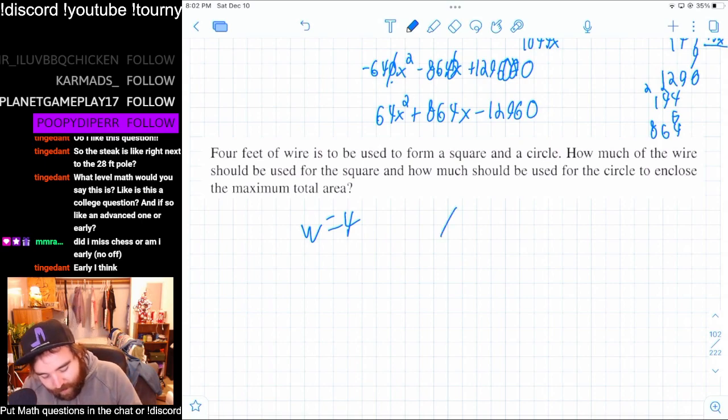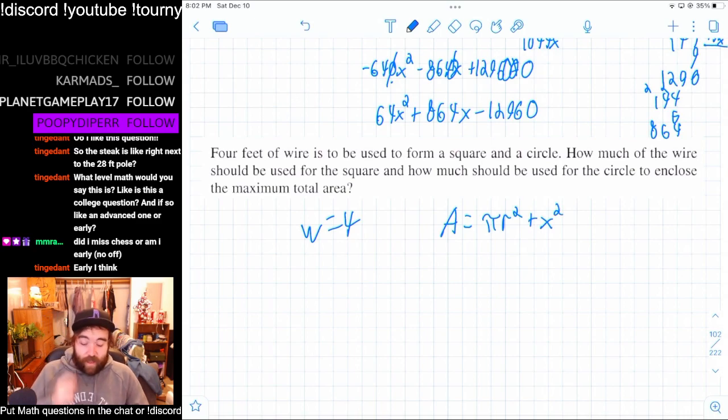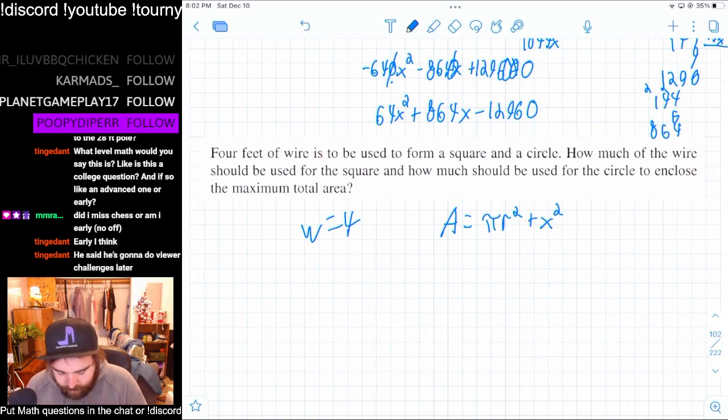Well, so our area is the area of the circle and the area of the square. So we have pi r squared and we have x squared. But then for the wire, we have circumferences.